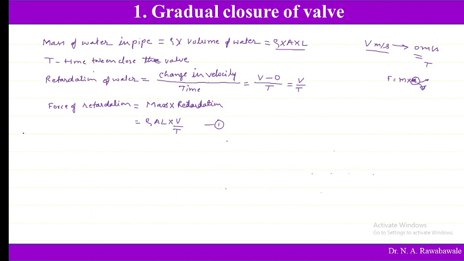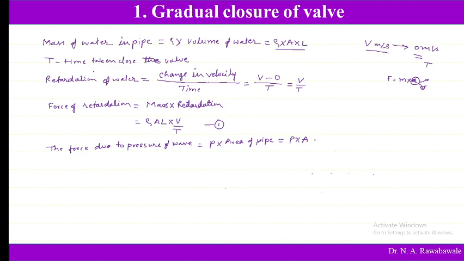If P is the intensity of pressure, the force due to the pressure of the wave is given by pressure intensity P into the area of the pipe. So that is nothing but P into A.